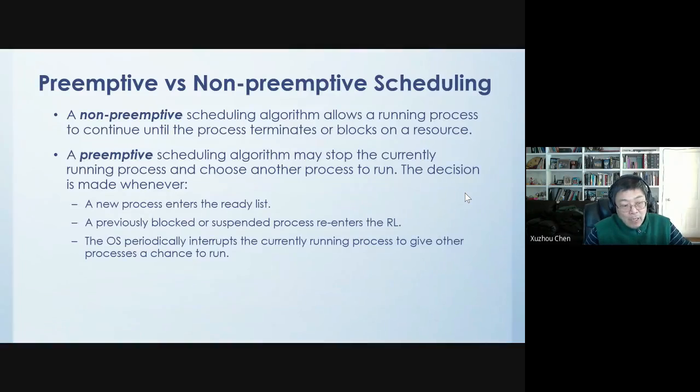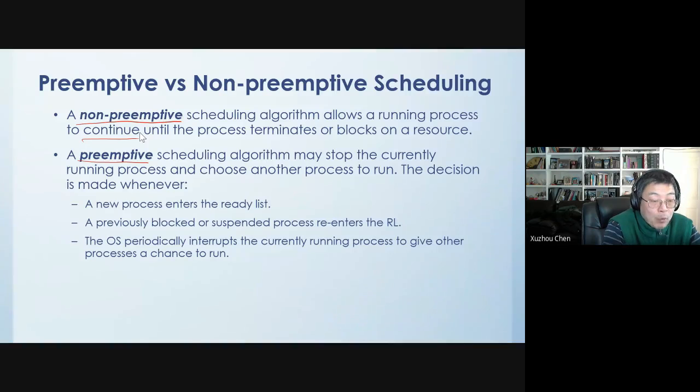Now, scheduling has two different types. One is called non-preemptive scheduling. The other one is preemptive. A non-preemptive scheduling algorithm allows the running process to continue until the process terminates or blocks on a resource.